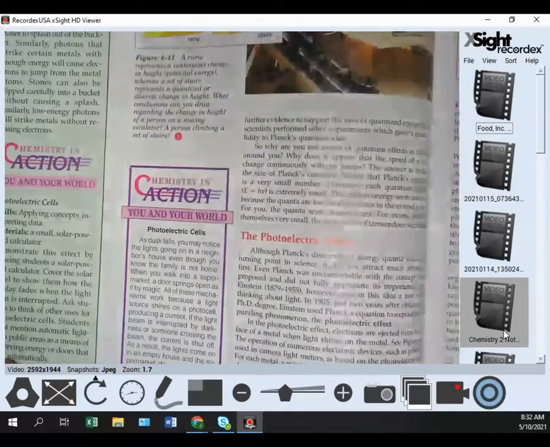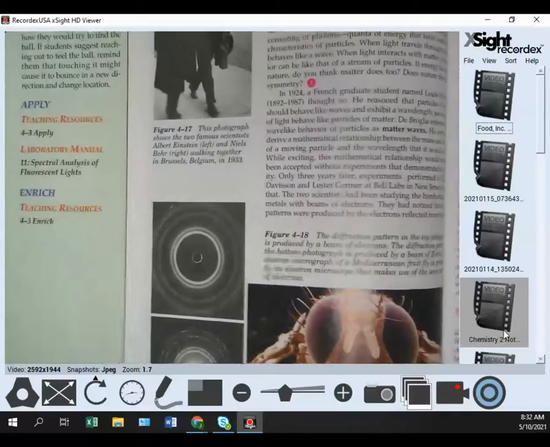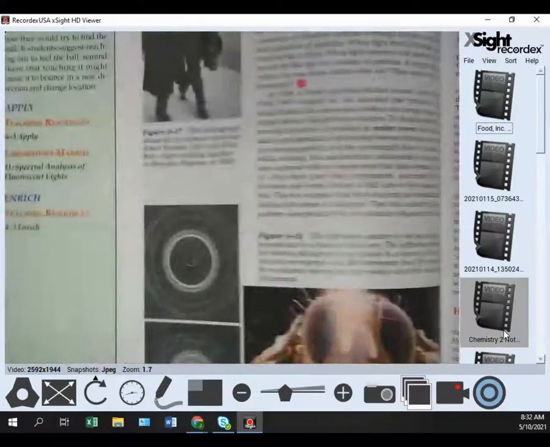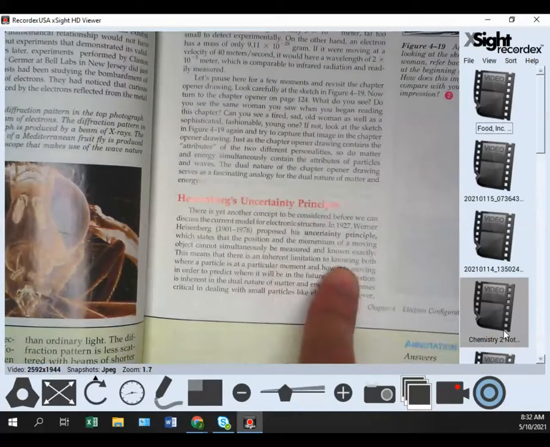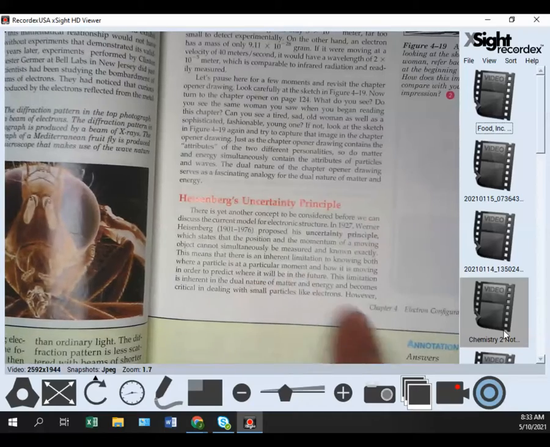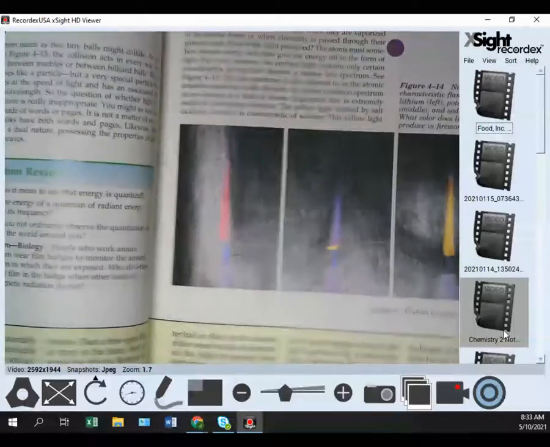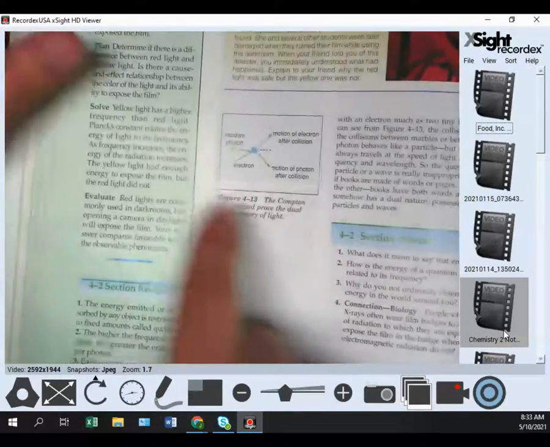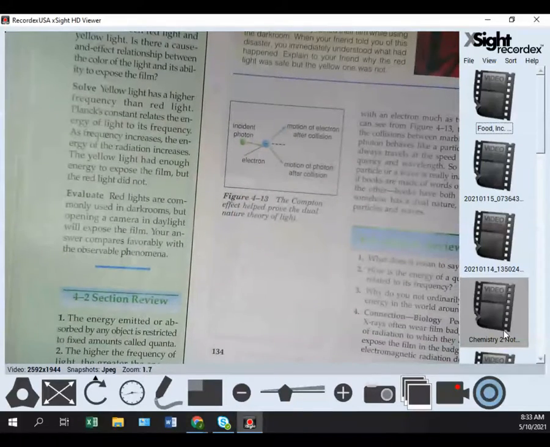So the idea is that, it says here, there's an inherent limitation to knowing both where the particle is and how it is moving. That's because whenever light, or whatever you're observing it with, strikes the object, it actually changes the movement.